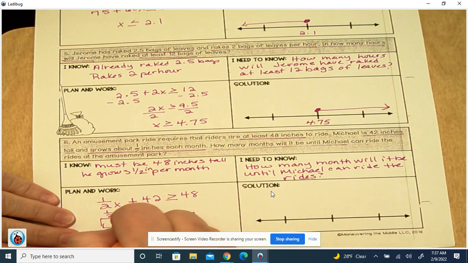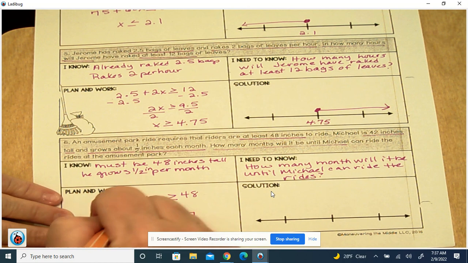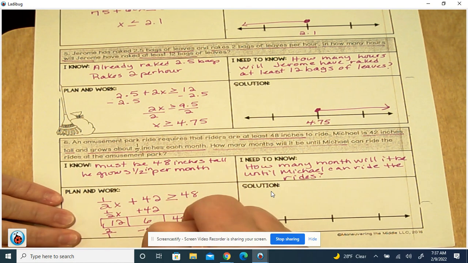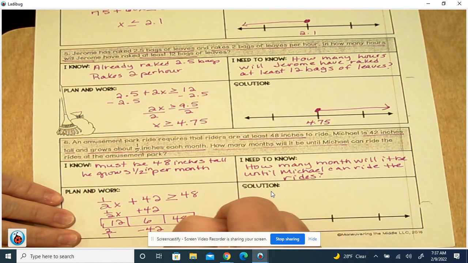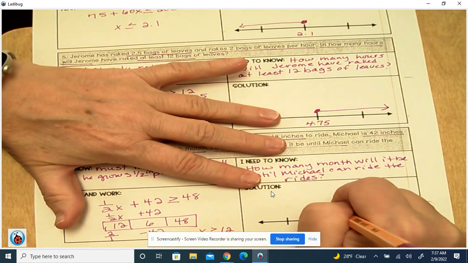Multiply by the reciprocal, minus 42. 48 minus 42 is 6. 6 times 2 over 1 is 12. So x is greater than or equal to 12. We come to 12, closed circle, shaded to the right. Any questions, just ask.